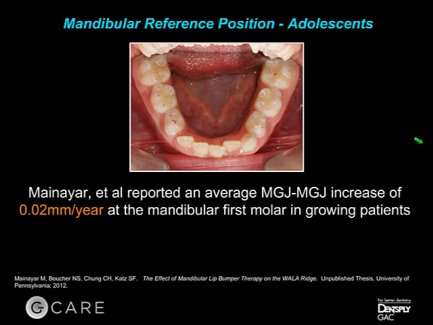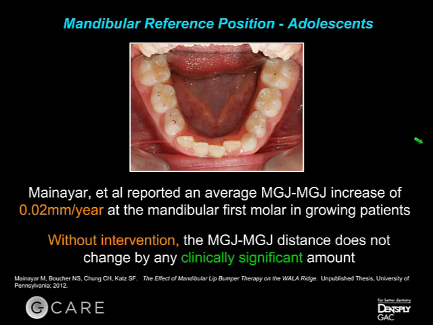So once again, while that may be statistically significant in research projects, to me, that change over that period of time is not going to be really clinically significant to alter my decision.